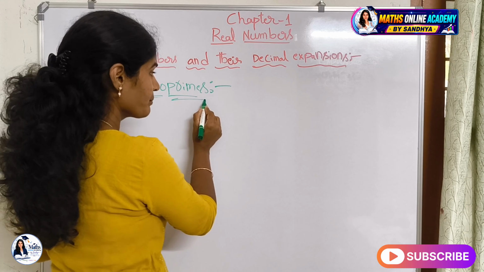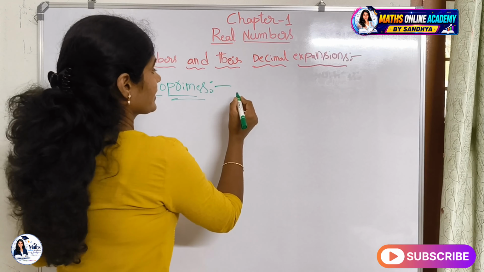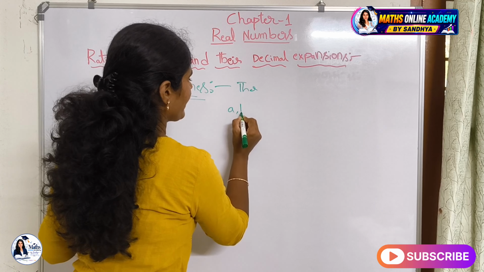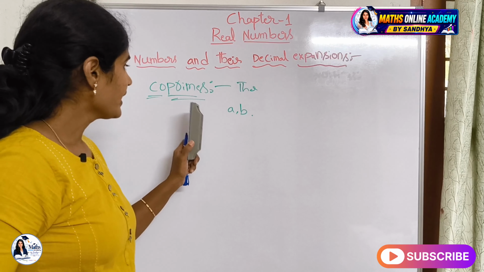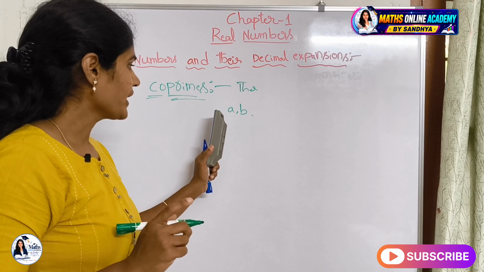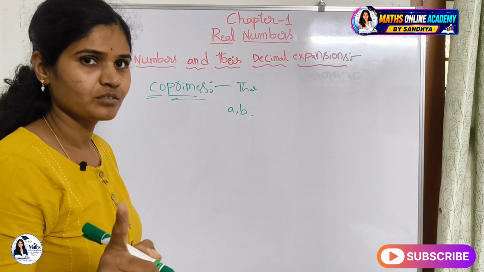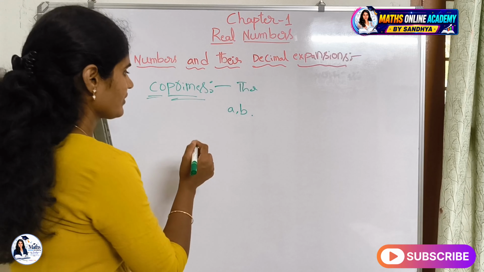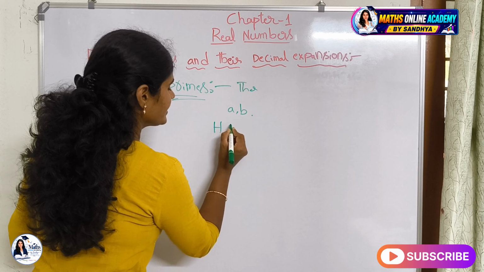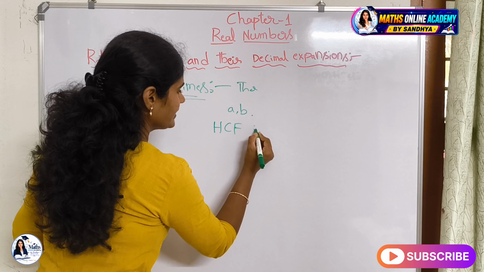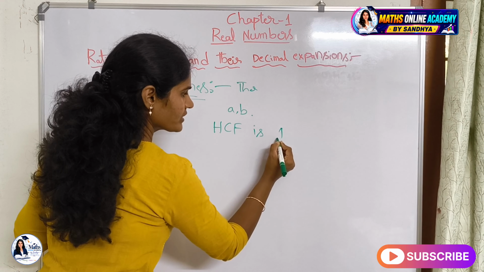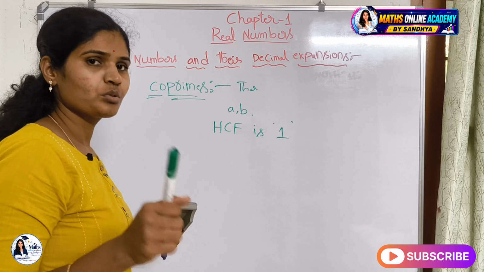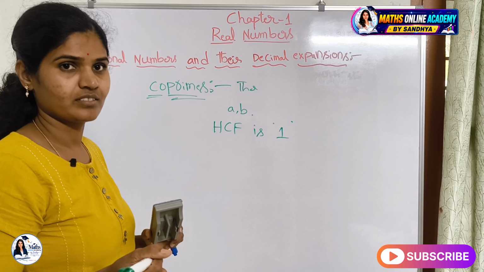Co-prime means if there are two numbers, for example a comma b, and the HCF of a comma b is 1, those are called co-primes. The numbers need not be prime numbers.